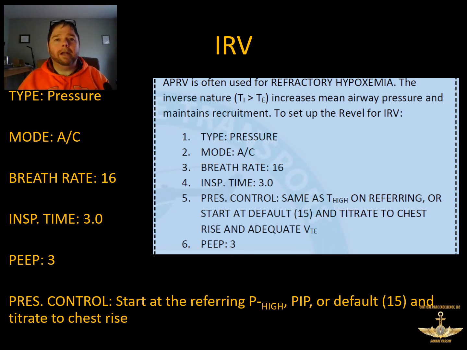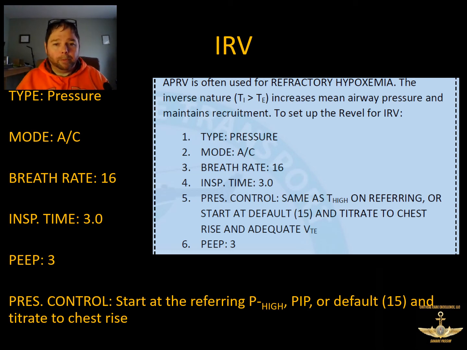And so we don't want our alveoli to de-recruit, and we'll also deoxygenate when we do that, so we don't want to do that. However, we can't have our PEEP too high, because if we had it too high, then that would restrict what limited amount of ventilation we're going to have. So PEEP at 3 is kind of the best way to split this difference, and we're going to put it at 3, and we're going to leave it there.